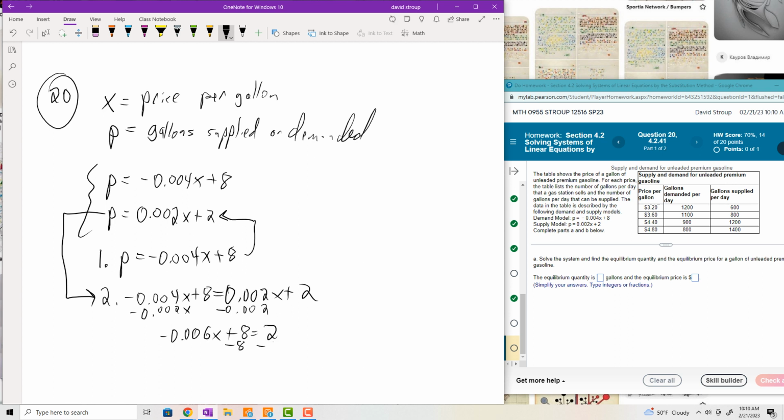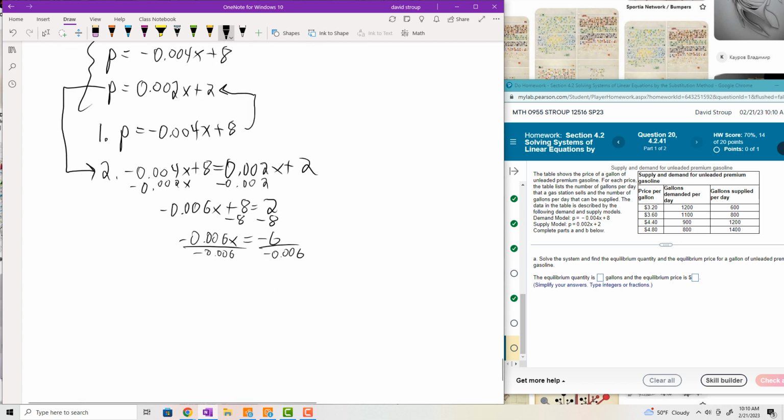Move the 8 over. And then finally divide by the thing in front of x. Oops, you do not want to divide by x. It's bad news. Okay, and then go to your calculator.